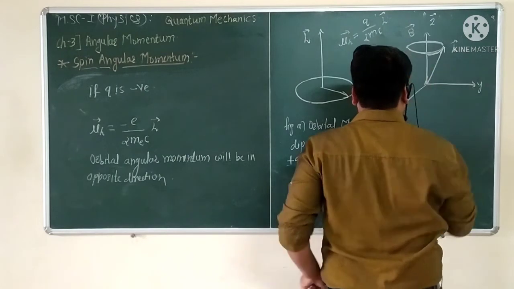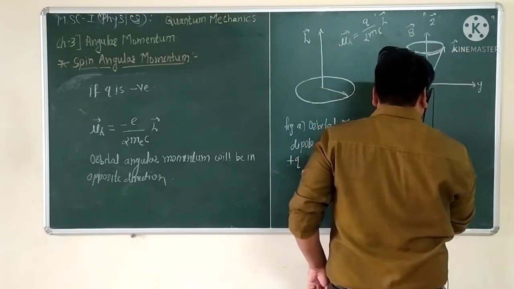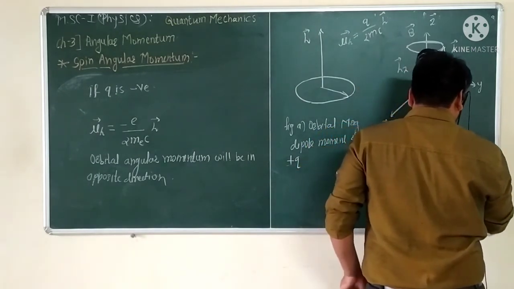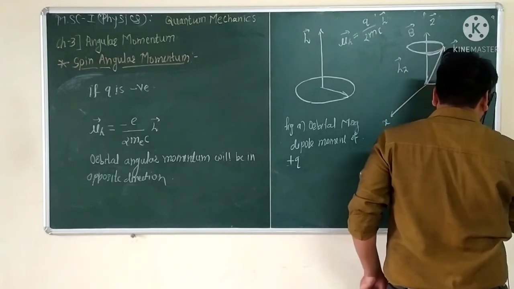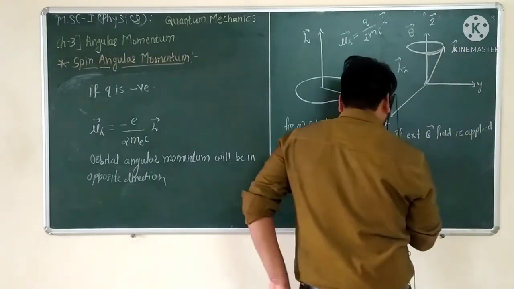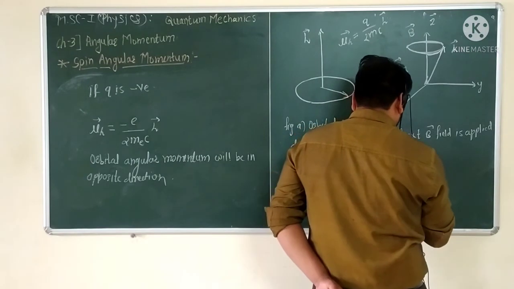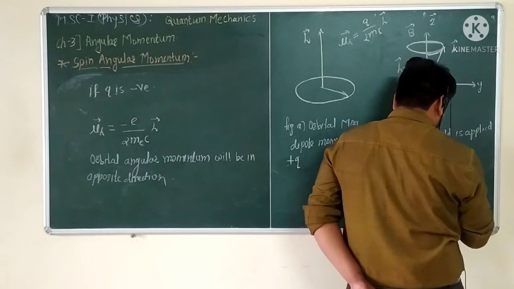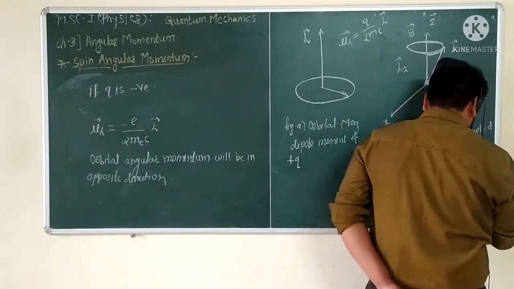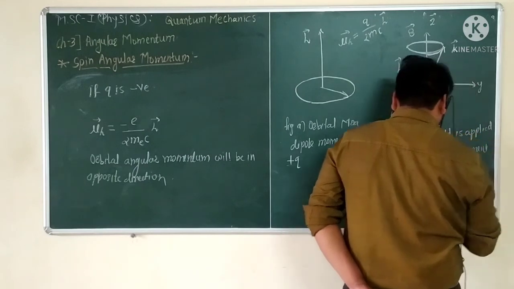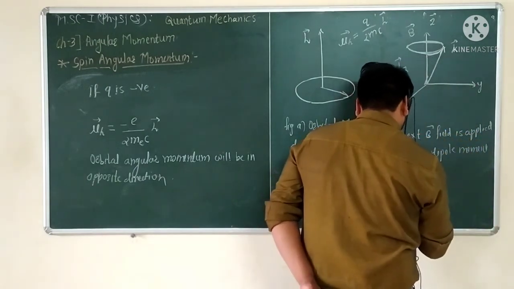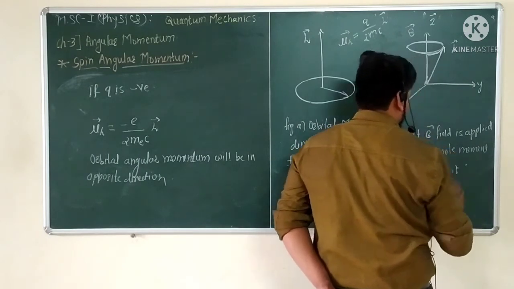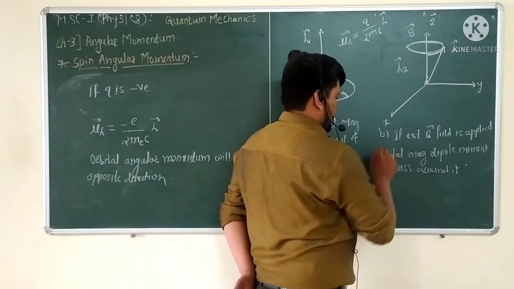If an external magnetic field is applied, the orbital magnetic dipole moment precesses around it. Okay, so this is the figure B.